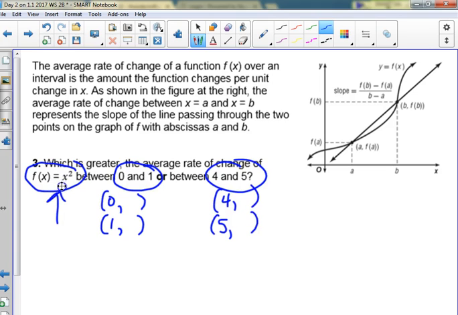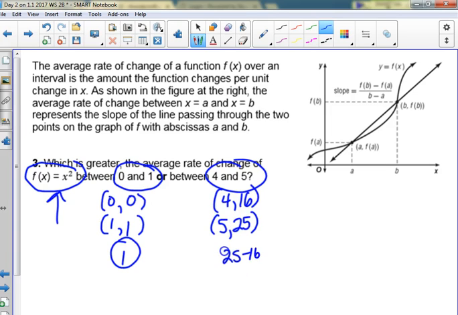What happens here? What does 0, if I put it into that function, become? And 1? 1. So what's the rate of change? 1 minus 0 over 1 minus 0 is 1. We all good? If I put a 4 in there and square it, though, I get out 16. If I put a 5 in and square it, I get out 25.